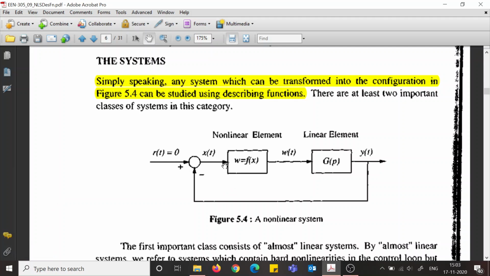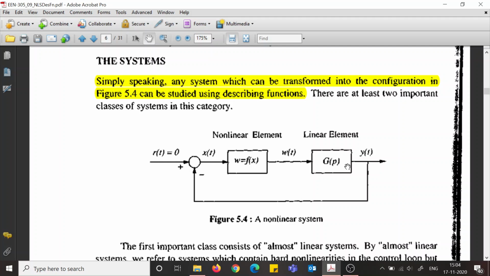Here the nonlinearity is here, and then there is a linear element. When we have a form like this, you can approximate that the output of this nonlinearity, which is a series of sinusoids, passes through this linear element, and as we know, any linear system is basically a low pass filter. So we can assume that only the fundamental passes out of this system and the other frequencies are absorbed into this system.